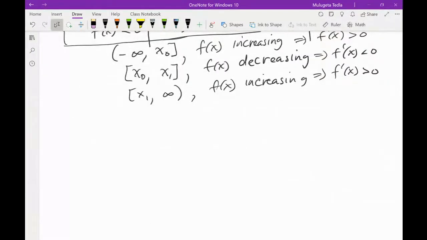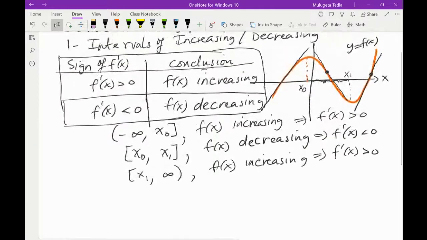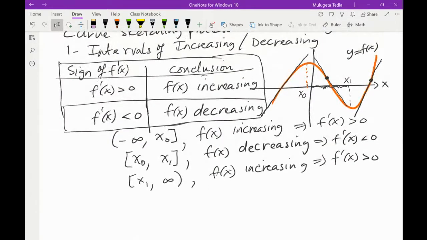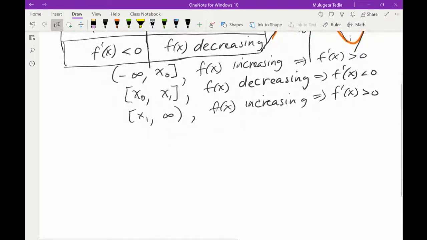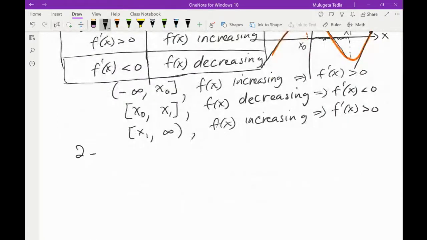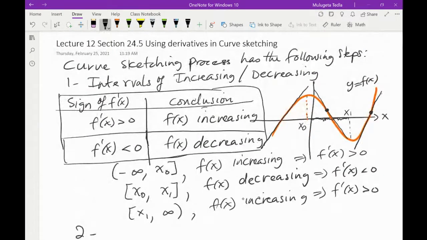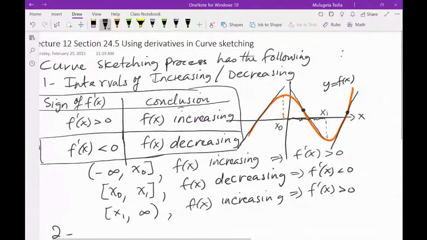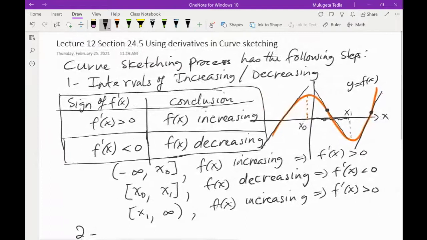The second knowledge we have is these points of what we call local minima and local maxima. The curve sketching process has the following steps, and the second step is to find those points.